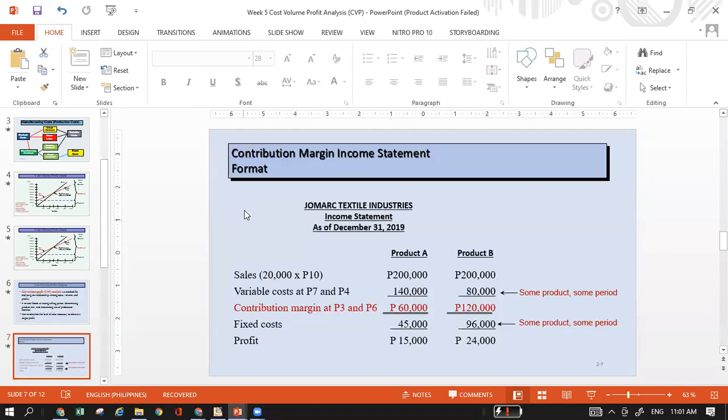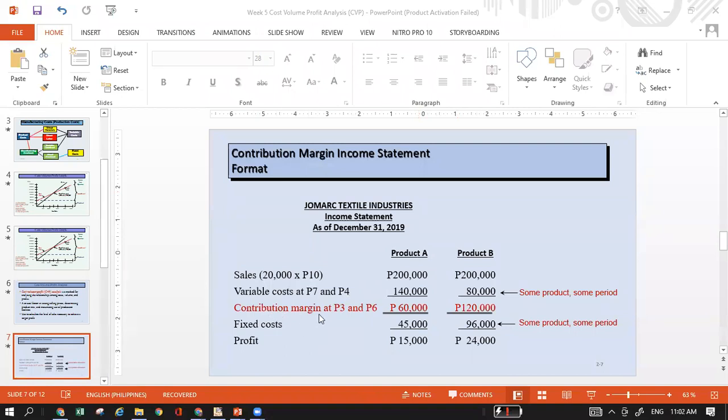Let's have one example. Geomark Textile Industries, we have product A and product B. We have sales of 20,000 units at 10 pesos per unit. Then our variable cost is 7 for the product cost and 4 for the period cost.